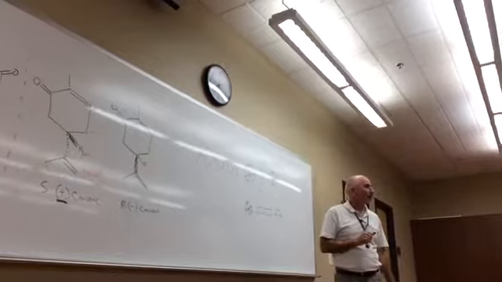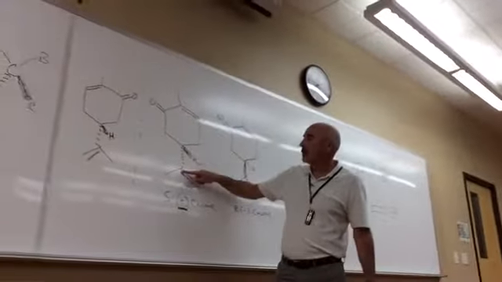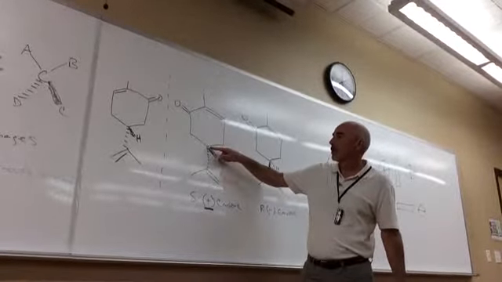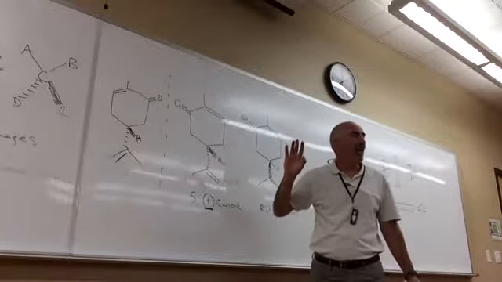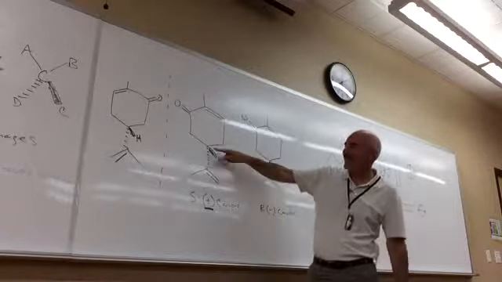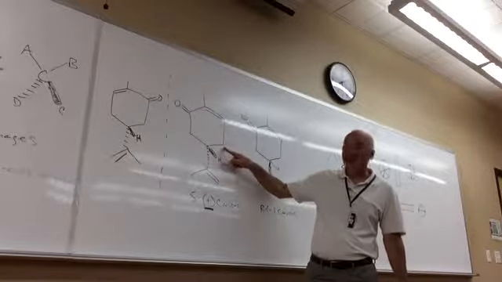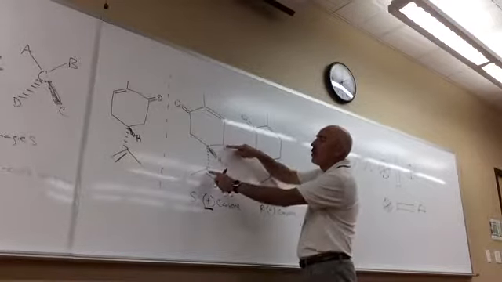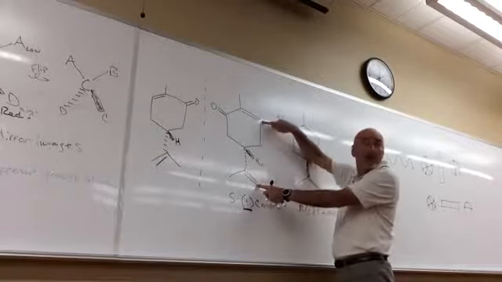Is there a reason you went to the hydrogen instead of a different carbon? I did go to carbon first. Okay, let's do it again, and I'll show you. Carbon, carbon, so that's a tie. Then carbon, and now this one goes carbon.